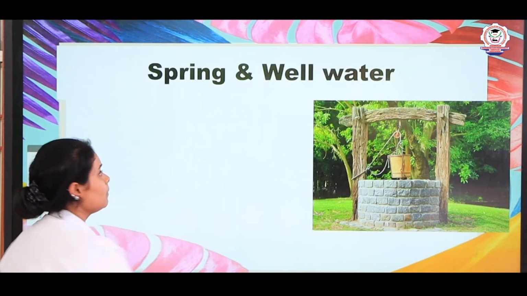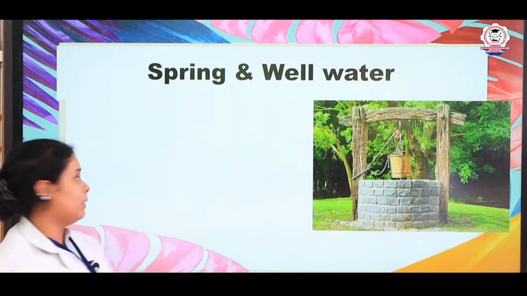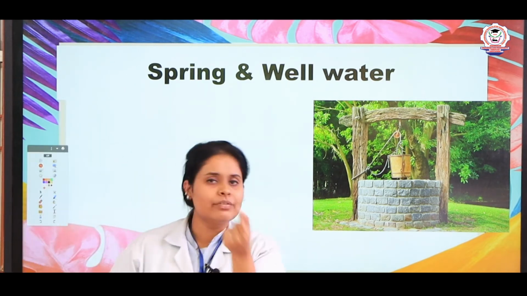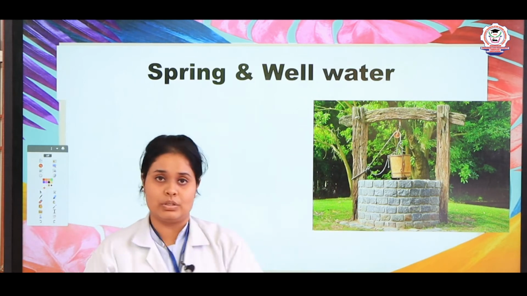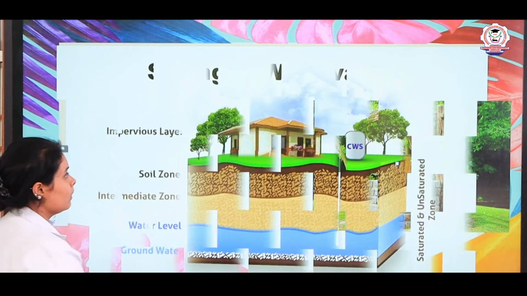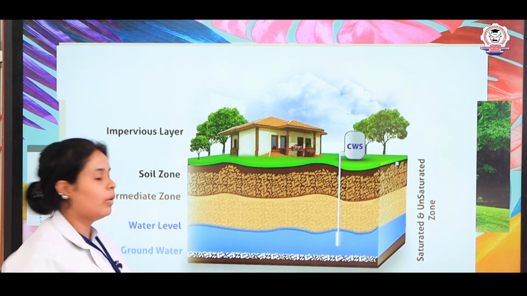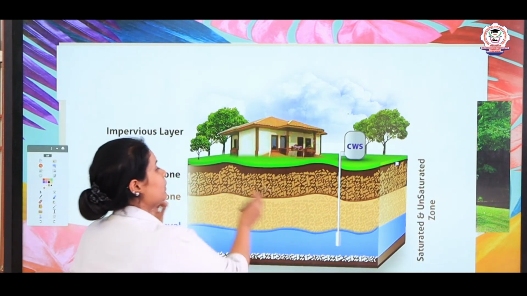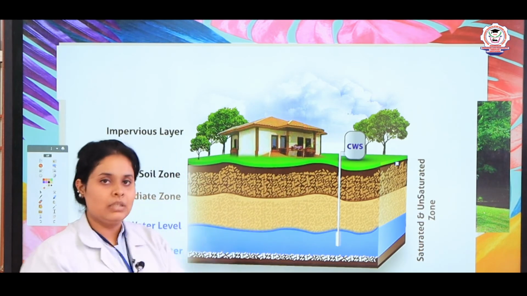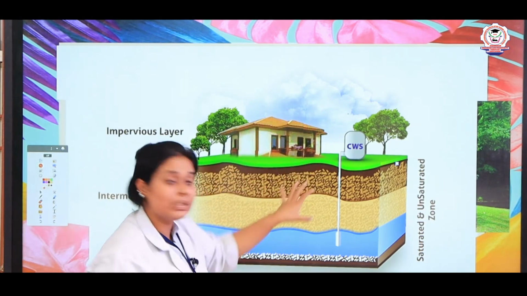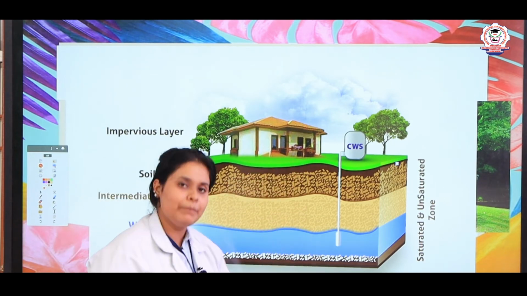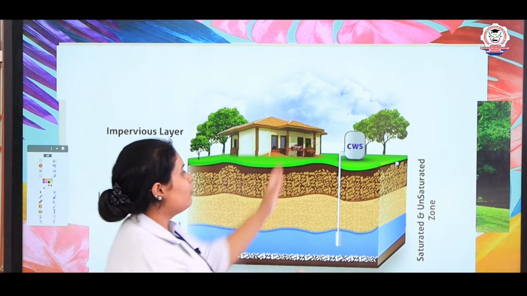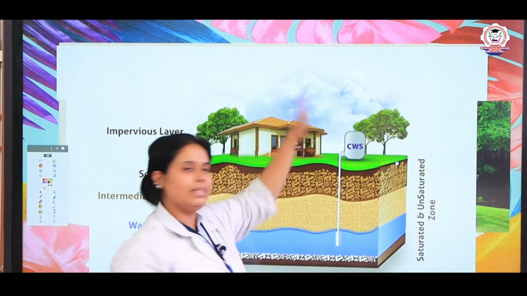Okay? So let's come to the second part, which is spring and well water. Children, there is a very little difference between the spring and the well water. So let's see here. This is for the well water. Suppose when it's raining, there will be small pores inside the bed. So when it's raining, the water will be absorbed by the pores and it will come down. As at the last position it cannot be absorbed more, therefore we will make a well so that we can take out the water.